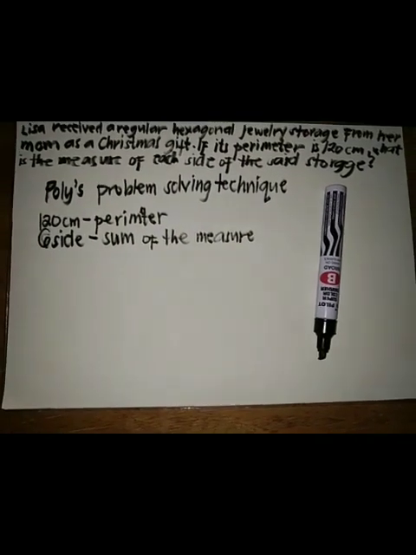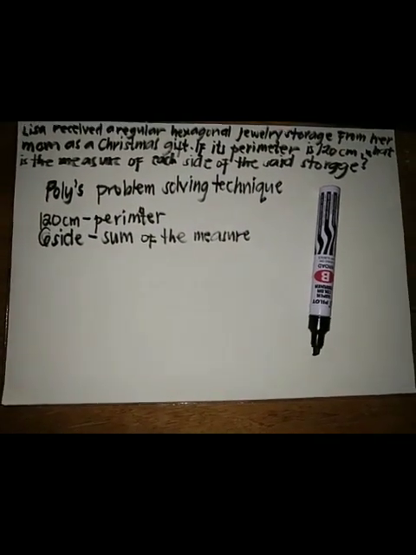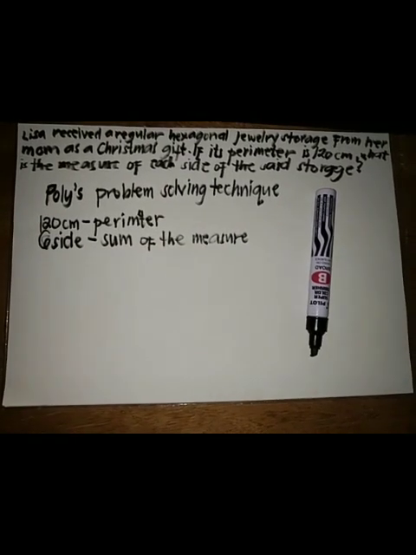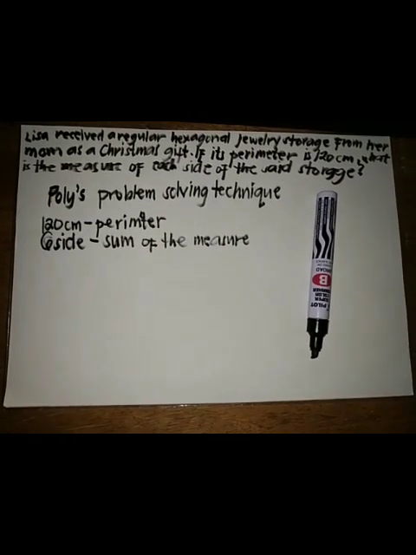And since the perimeter is given, we need to divide it by 6 to find the measure of each side.